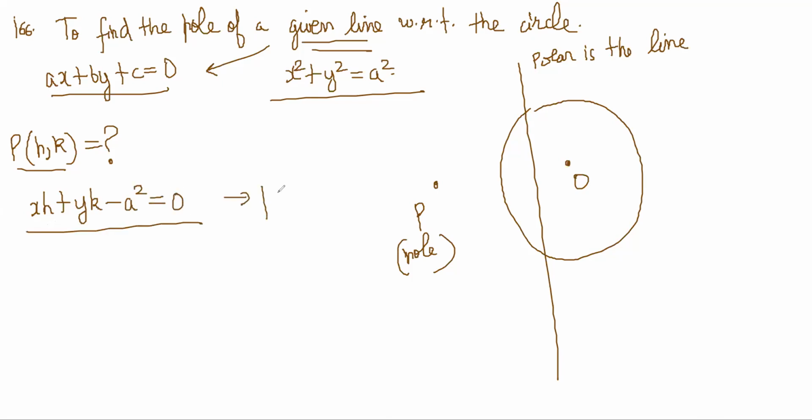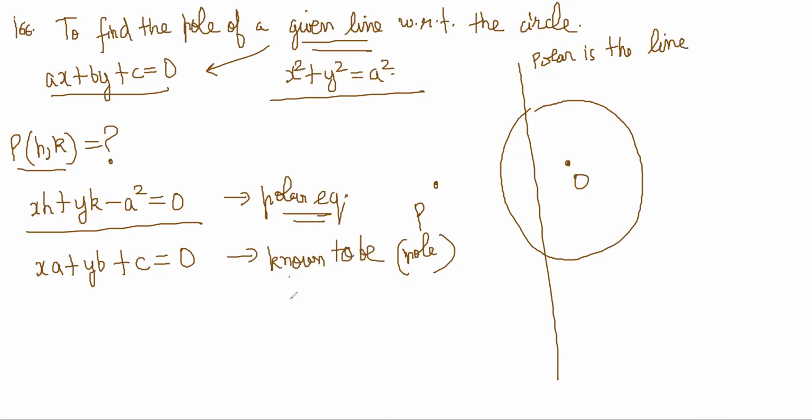This should have been my polar equation, no? Correct? But I have been given this equation, which is xa plus yb plus c is equal to 0, right? Which is known to be the polar equation, right?